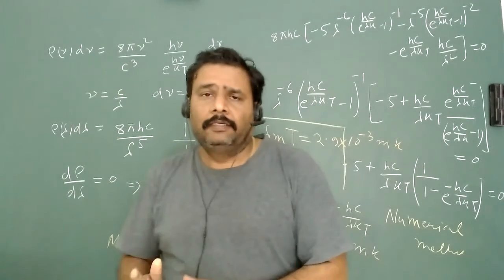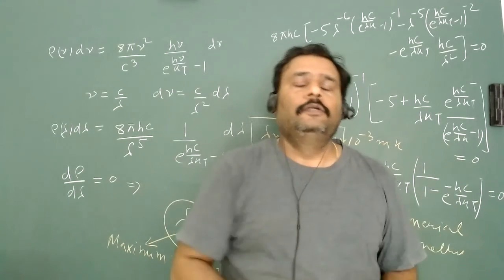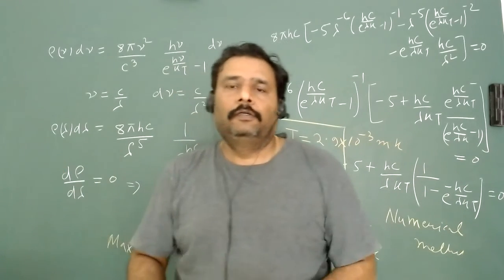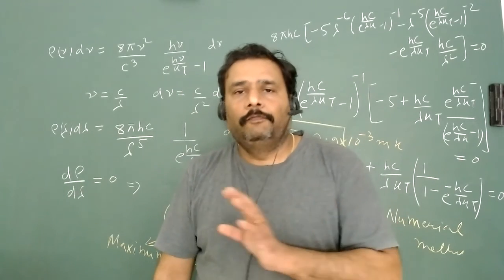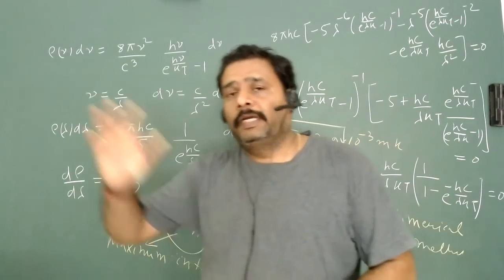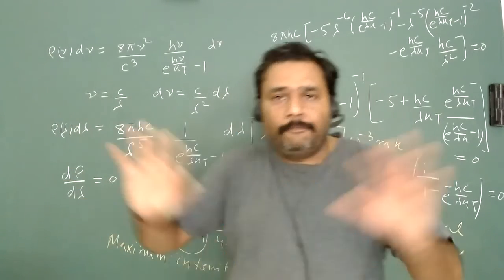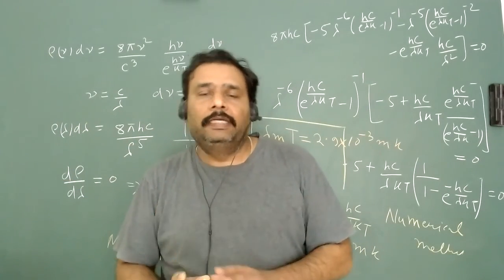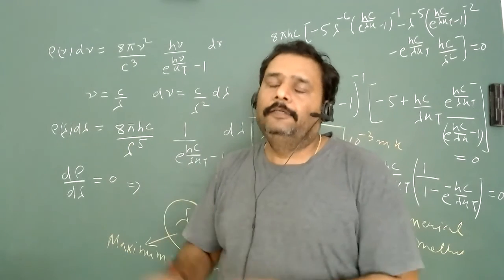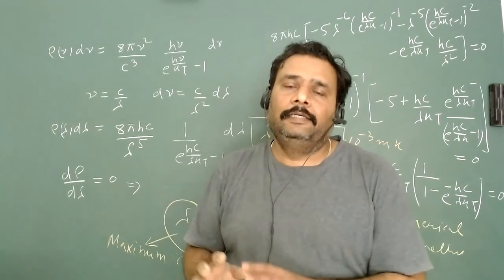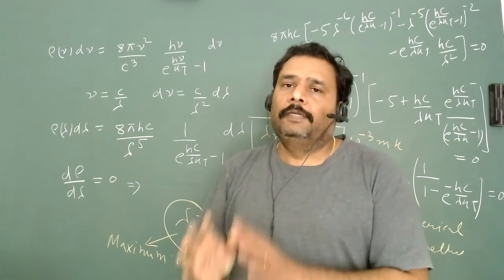We can go to Stefan's law, Wien's distribution law, Rayleigh-Jeans, Wien's displacement law, everything we have observed from the black body, and we can easily justify it with Planck's radiation law.